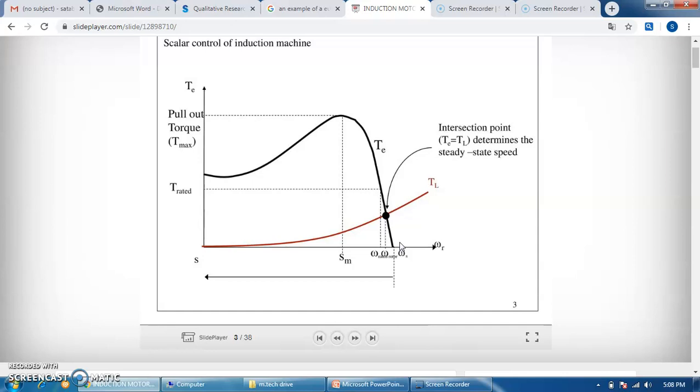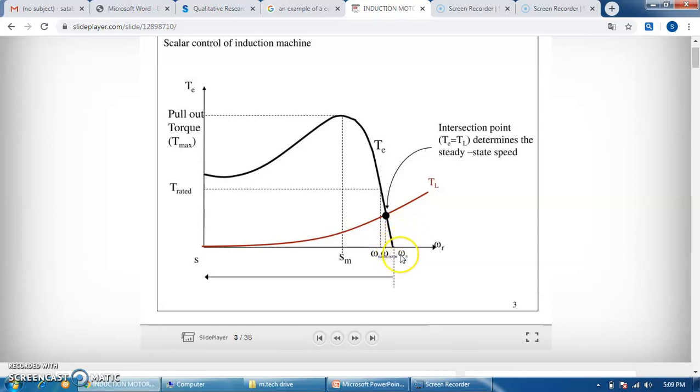As the stator is running at the synchronous speed, the rotor tries to catch up that speed, and it tries to generate much more torque to compensate for that load. The rotor will try to rotate much faster, and when the speed of the rotor and stator are the same, at that condition the motor will shut down.